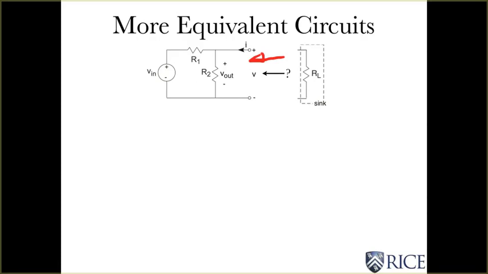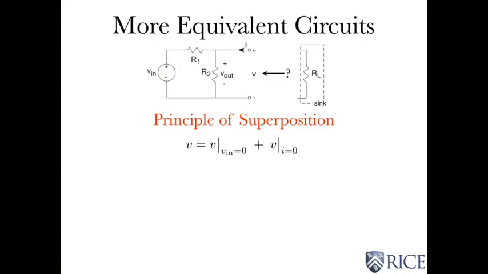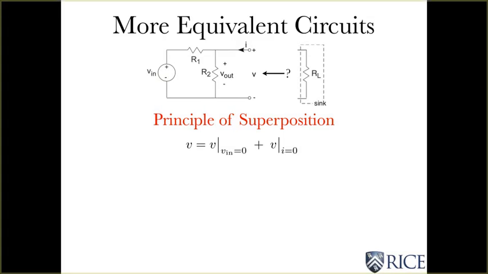Well, it's not just a simple resistor, of course. There's a voltage source in here, so the series and parallel rules don't quite apply. However, we can use the principle of superposition here to figure this out. If you think about this for a little bit, if I drew a box around here, this just looks like a regular old generic circuit with the current defined going in the positive side of the voltage defined for it. And I could figure out the voltage if you just gave me the current.